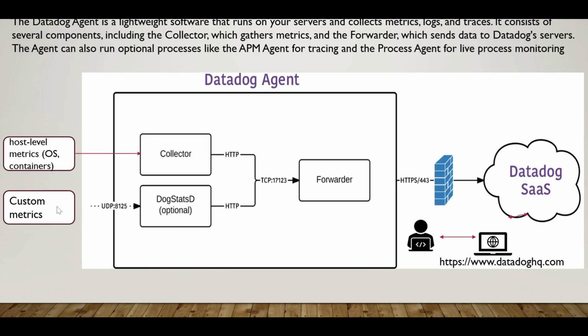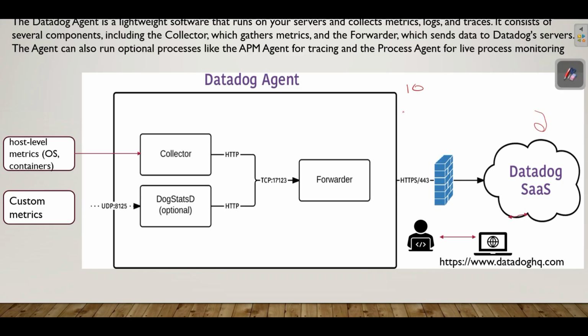It sends all the collected metrics via UDP port 8125 to DogStatsD. From DogStatsD, aggregation will happen. Aggregation means, for example, every 10 seconds.